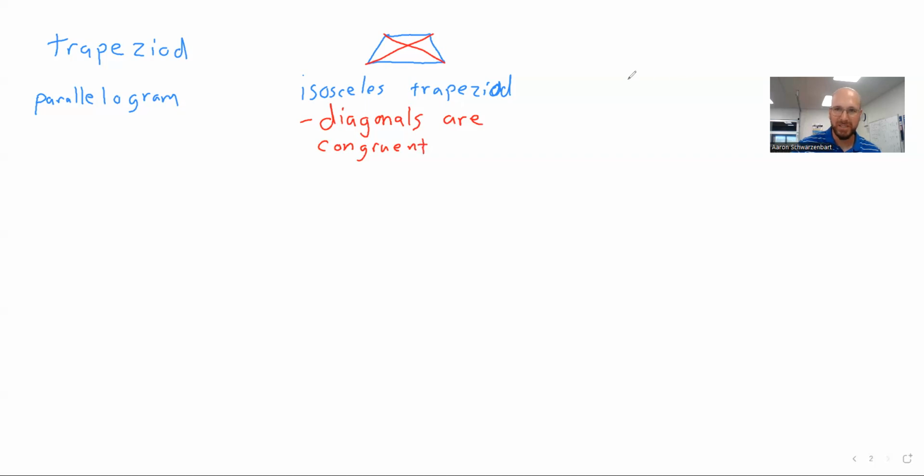I'm going to do the kite next. For the kite, and this isn't a good enough drawing to show this, the diagonals are perpendicular, meaning they meet at a right angle.